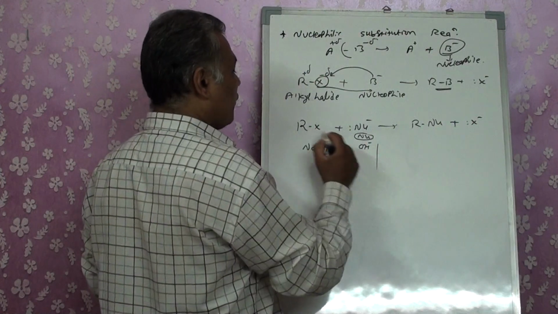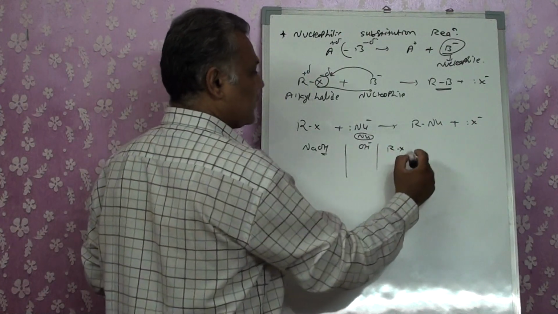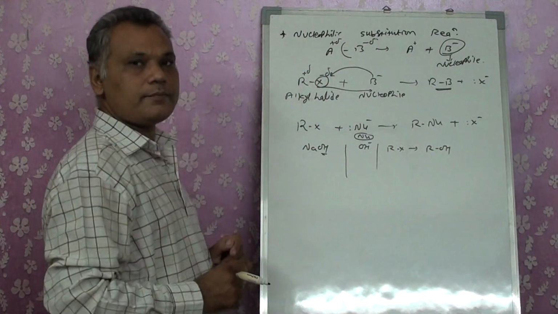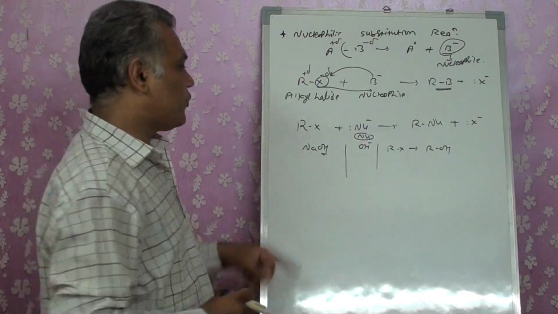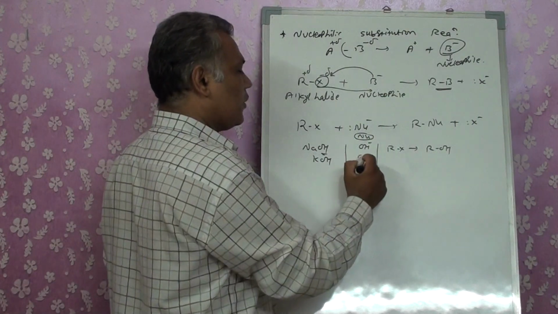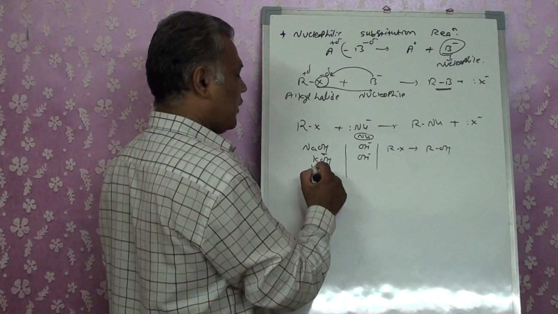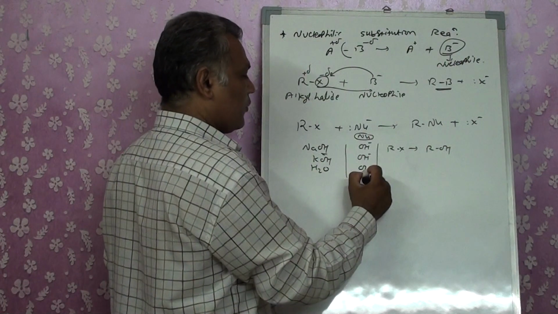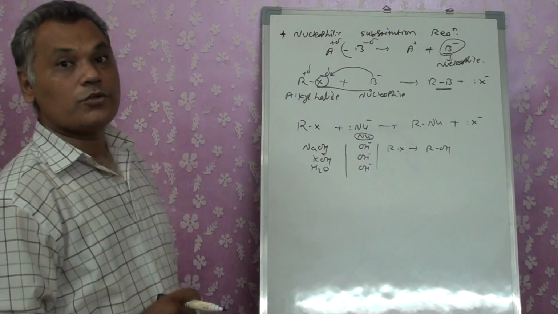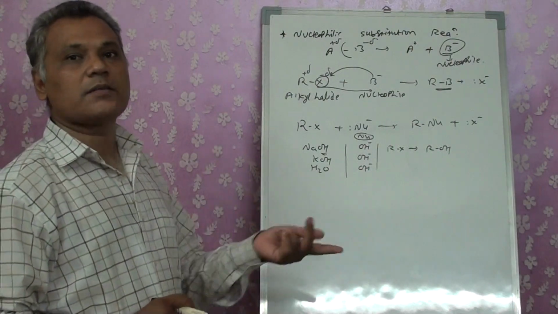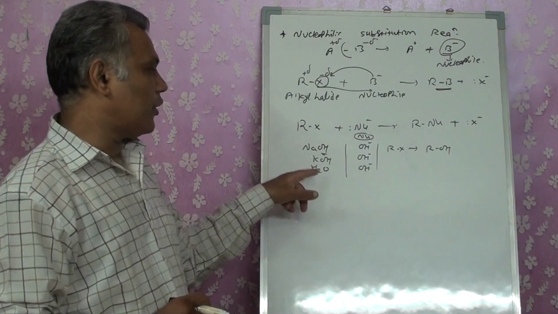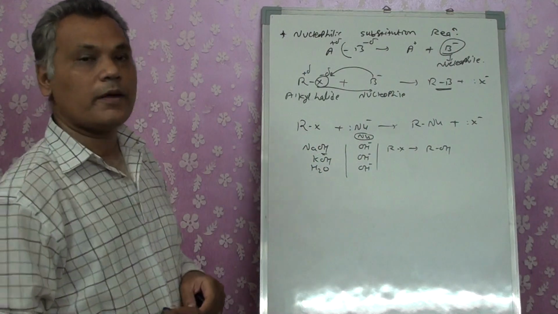That means if I have RX, it will change to ROH. X will be removed, OH will enter. If I use KOH, then also I get OH. If I use H2O, still I get OH. So to replace X by OH, I can use NaOH, KOH or H2O, right?